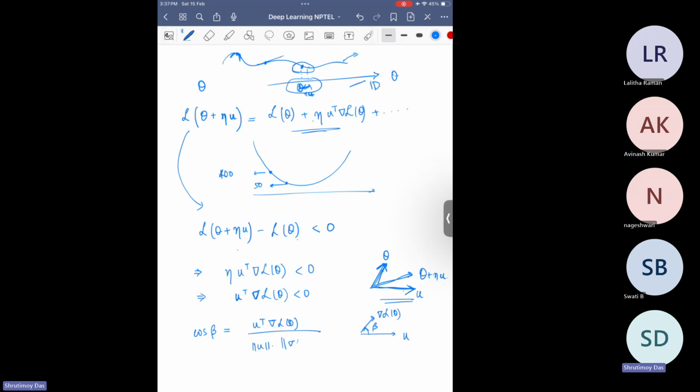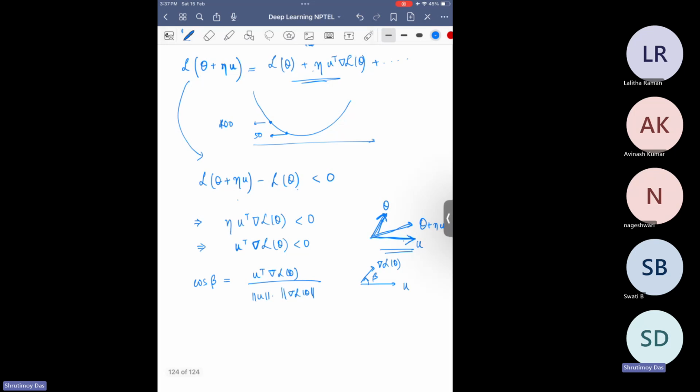They take the gradient of this, do some multiplication, and say that we want this to be negative. So they say this is k, and you have k times cos beta should be between minus k and k, because earlier it was between -1 and 1.